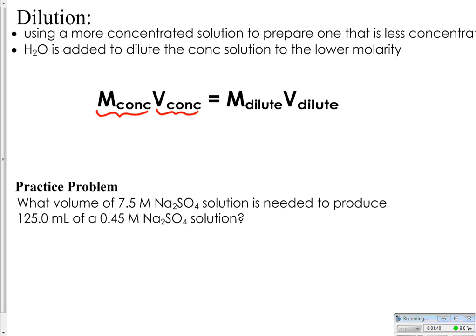Now, looking at the two molarities, the bigger number is the one that is more concentrated. So the molarity of our concentrated solution is 7.5 molar. The molarity of our diluted solution is 0.45 molar.